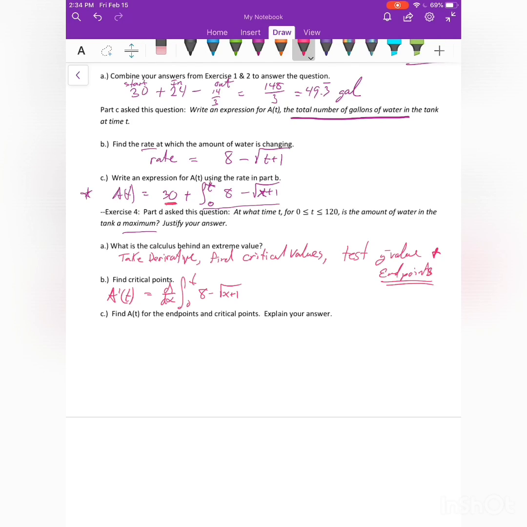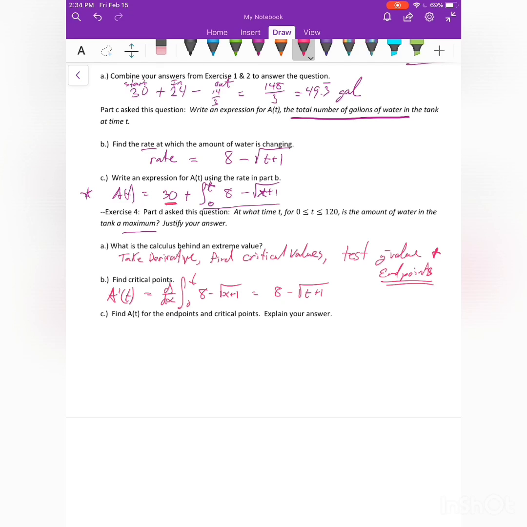Well, that's the second fundamental theorem of calculus. It tells you to take that upper limit and plug it in. So you're going to have 8 minus the square root of t plus 1. And technically you should multiply by the derivative of t, which is 1. So that is actually our derivative, our A prime, I should say.